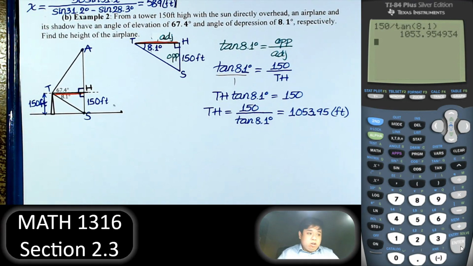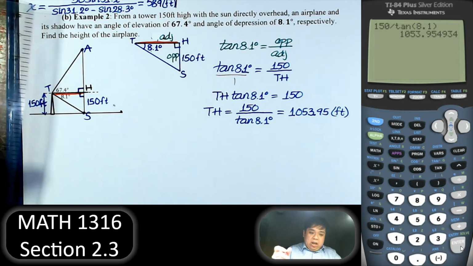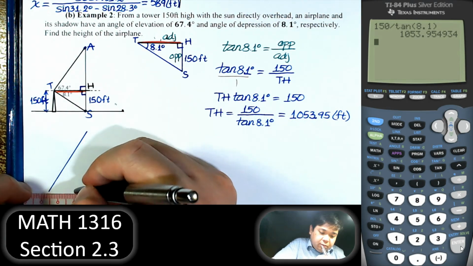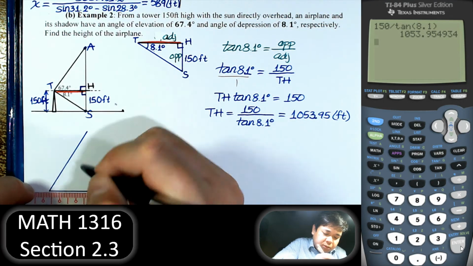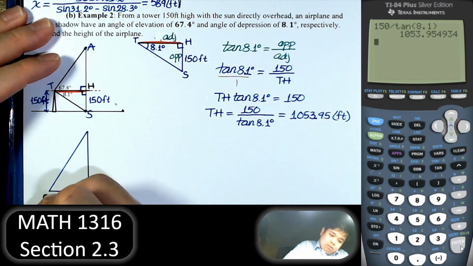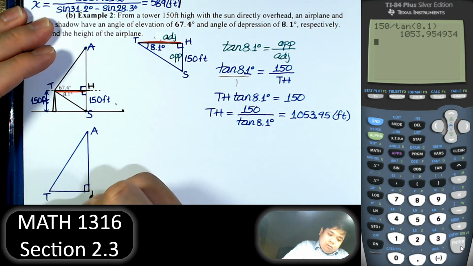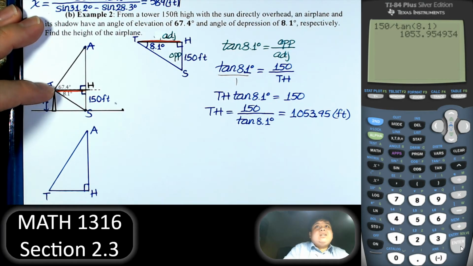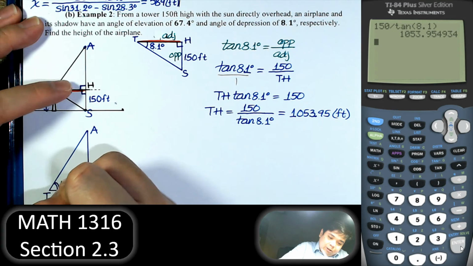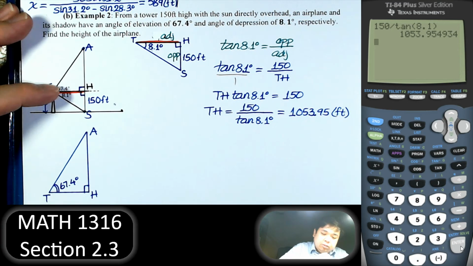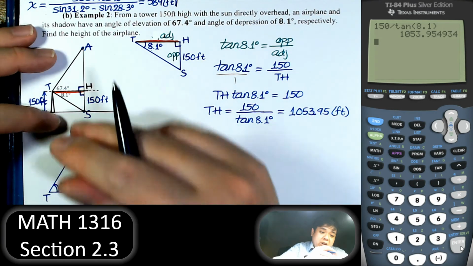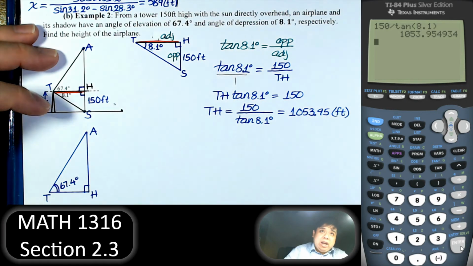Now we go to the other triangle, TAH. So there's 67.4 degrees. What do we find in this triangle though? Since we want the height of the airplane, we need to know AH.